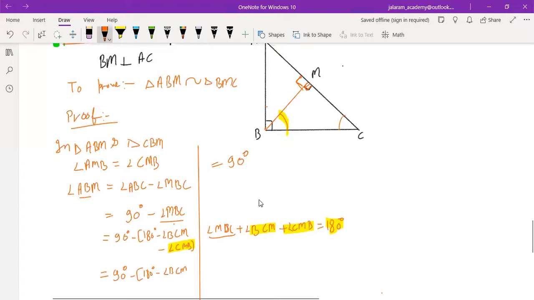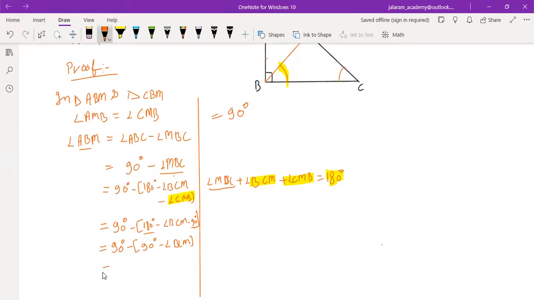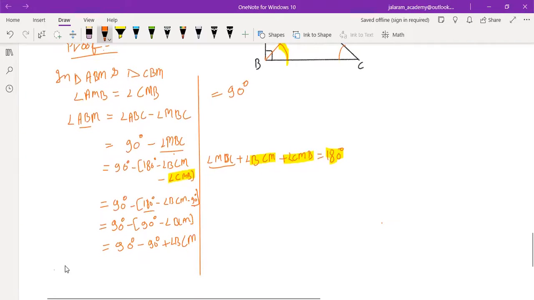This one. So it is 90 degree. So 90 degree minus... Now 180 degree minus 90 degree is also 90 degree minus angle BCM. Now when we open the bracket, 90 degree minus 90 degree plus angle BCM.